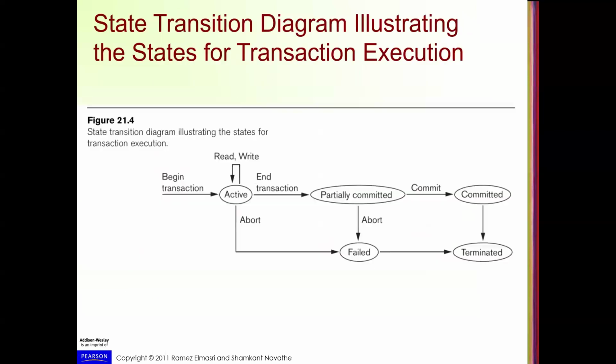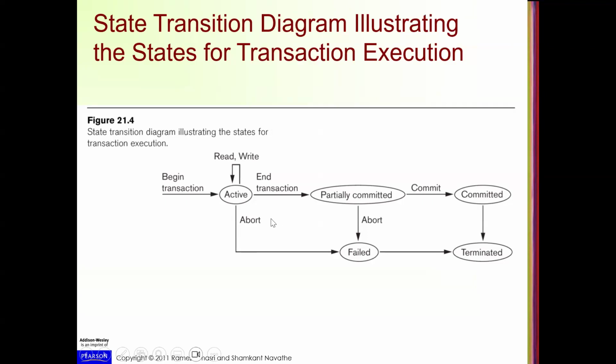Now the transaction states. You see here, this is the starting point where the transaction begins, and this is the ending point where the transaction terminates. When the transaction begins, it can abort because there is some problem when it started in reading or writing, and then we abort.